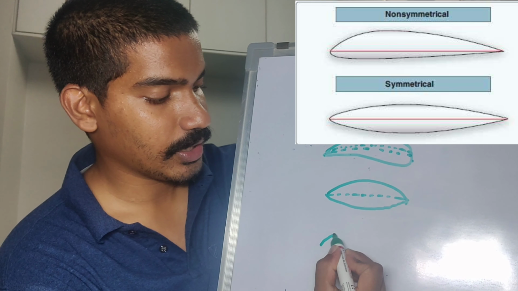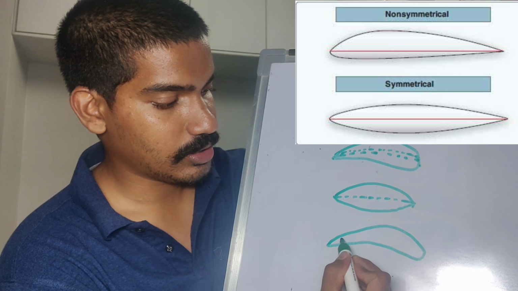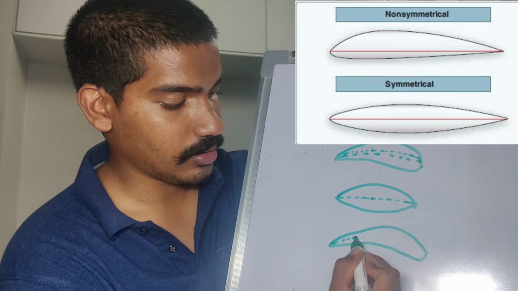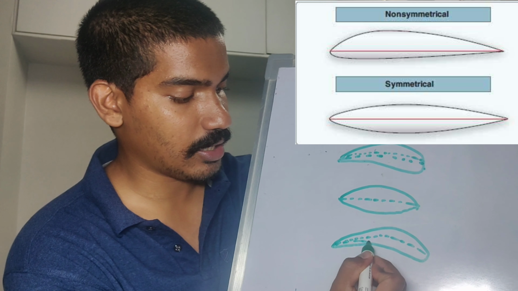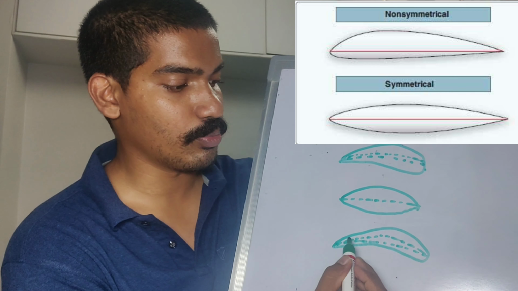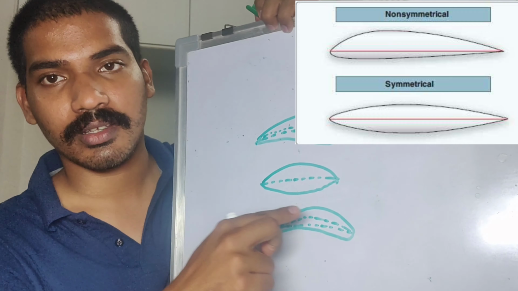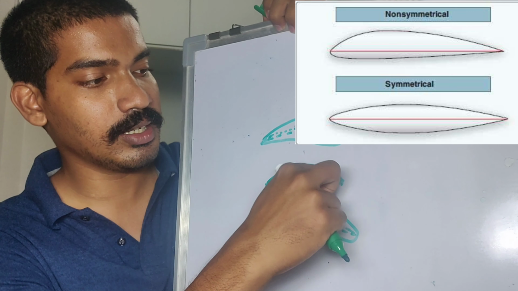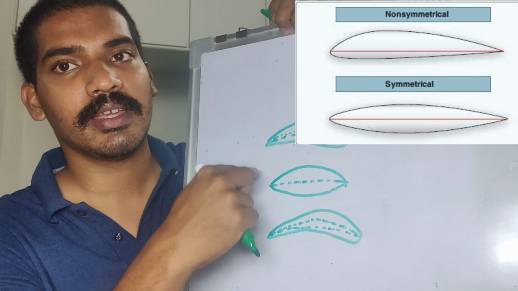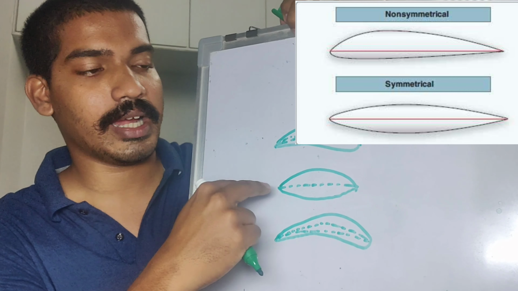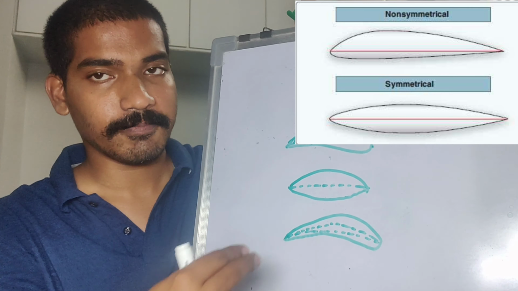At the same time, in case of an asymmetrical aerofoil, all right, you will see that this is the mean camber line, and this would be the chord. All right. So you will see the difference between a symmetrical and an asymmetrical. Symmetrical, if you cut it into half, you'll get two identical parts, but in this case it's not the same, right?